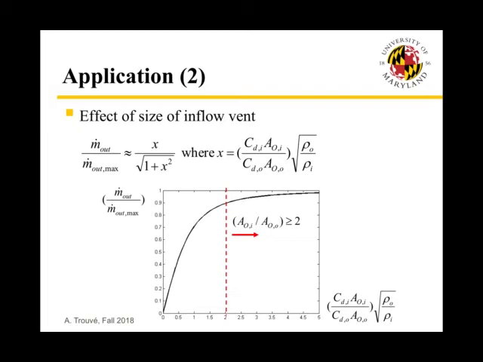You can interpret x as being the ratio of the surface area of the inflow vent divided by the surface area of the outflow vent.